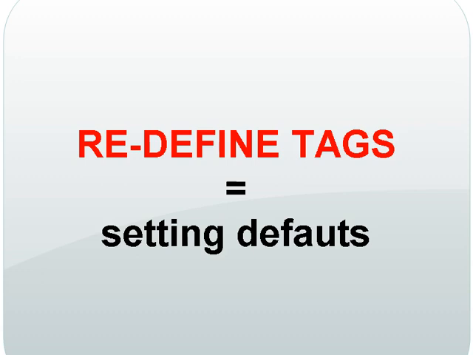So for example, if we changed one of the heading tags, then every time you saw the heading tag on the screen, it would look just like that. They actually call it redefining a tag. And when you redefine a tag, really what you're doing is changing defaults. Good? Okay, that's one of the things that Cascading Style Sheets can do.